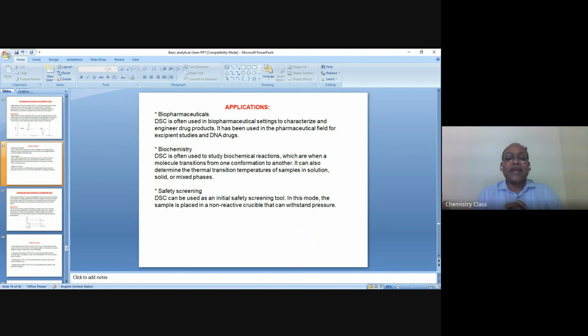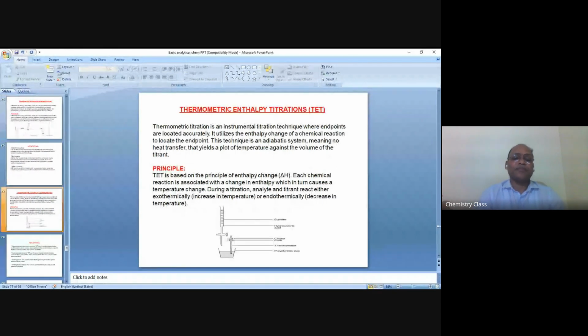It can also determine the thermal transition temperatures of samples in solution, solid, and mixed phase. Safety screening: DSC can be used as an initial safety screening tool. In this mode, the sample is placed in a non-reactive crucible that can withstand pressure. So these are the applications of this one.